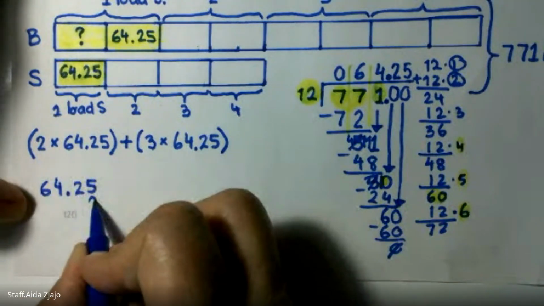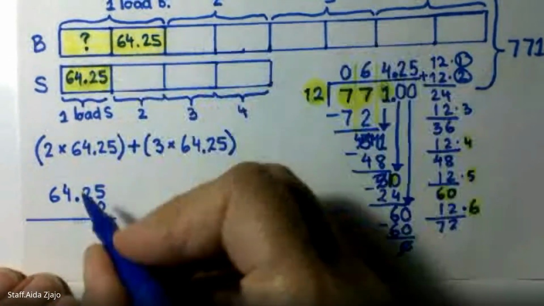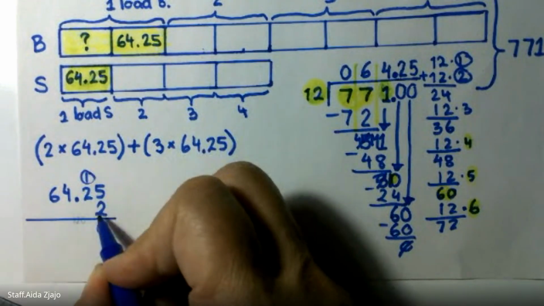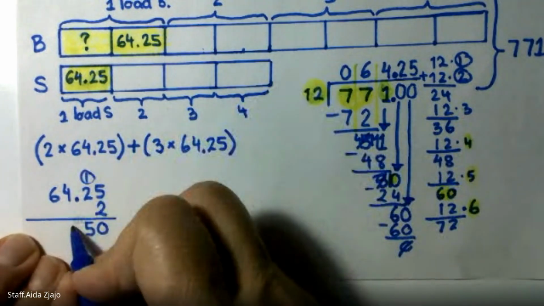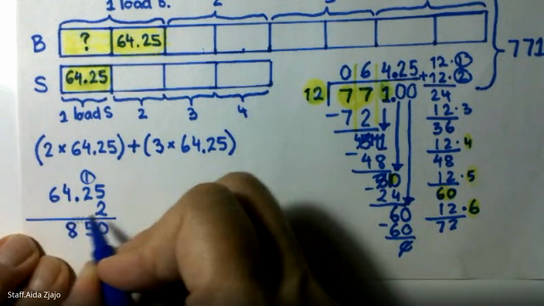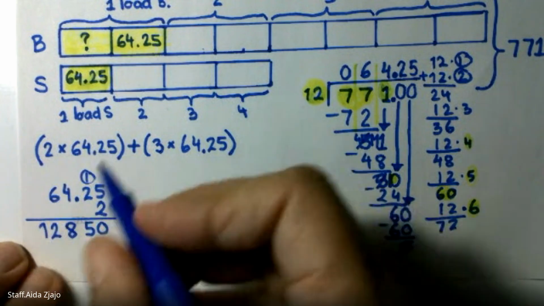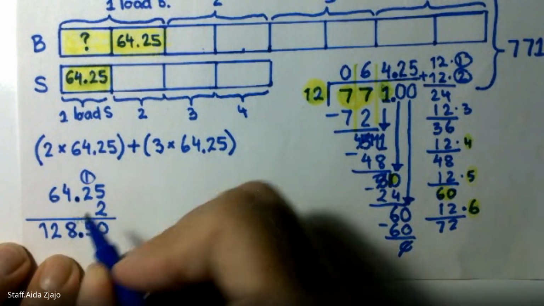So let's see, 64.25 times 2. 2 times 5 is 10. I remember 1. 2 times 2 is 4, plus 1 is 5. 2 times 4 is 8. 2 times 6 is 12. And then the decimal point is in hundredths.